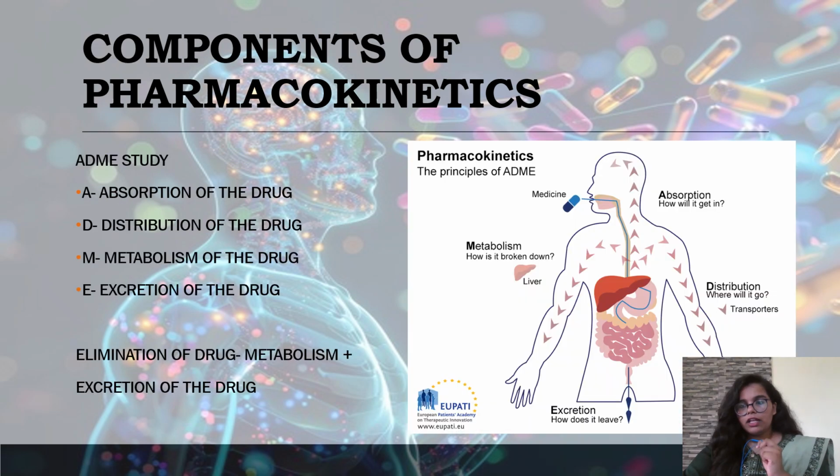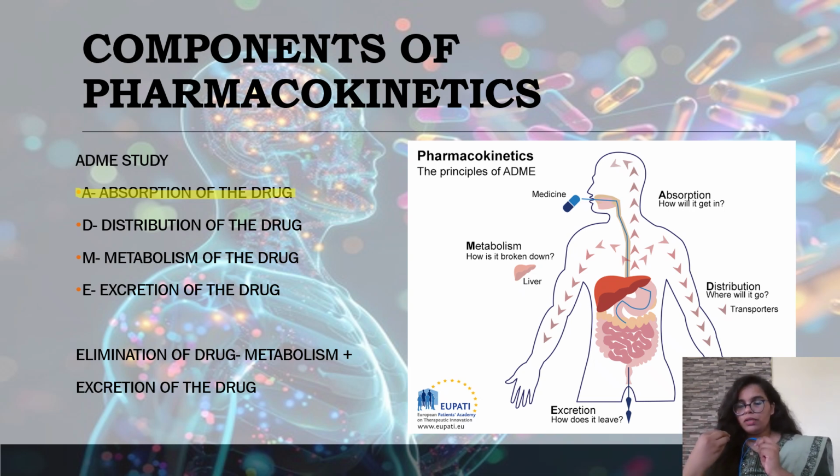Now there are certain components of pharmacokinetics. We also call this the ADME study. There are four components basically. The first one is A, which stands for absorption of the drug. So what happens in this? Suppose we take a drug orally.